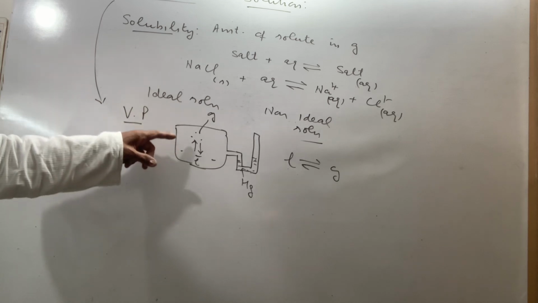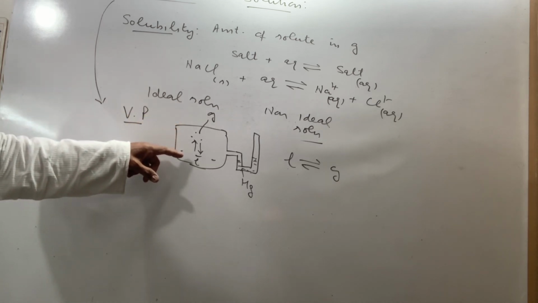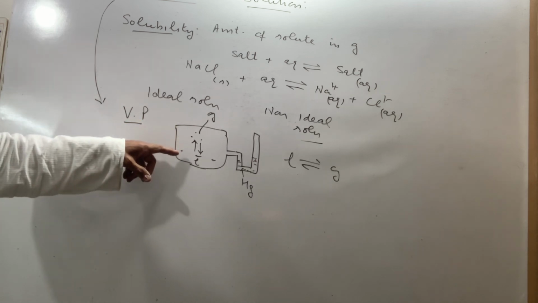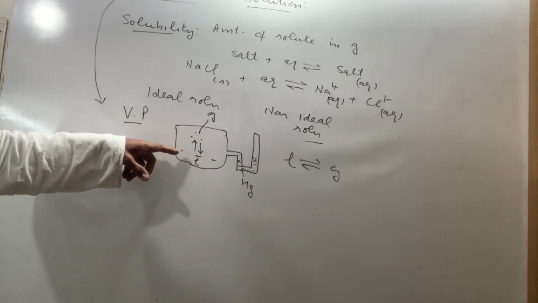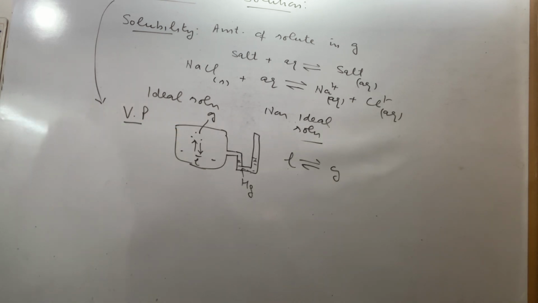So the pressure exerted by vapors of liquid at its surface at equilibrium state under given conditions of temperature and pressure will be known as vapor pressure. So this is what we mean by vapor pressure.